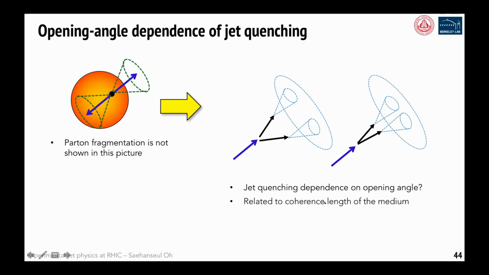If the coherence length of the medium is small and it can distinguish these two, then the level of jet quenching should be very different. But if the coherence length is larger than this scale, then the medium cannot distinguish these two jets. So everything is related to this question.